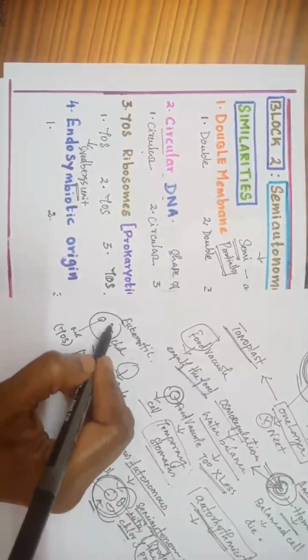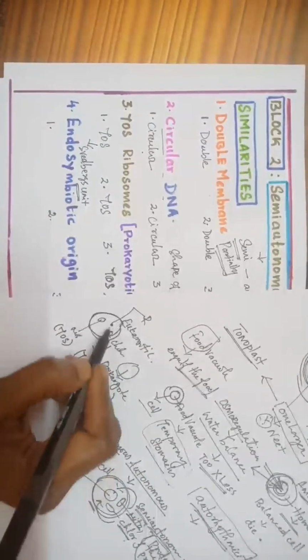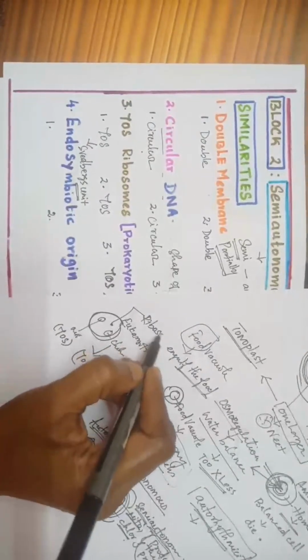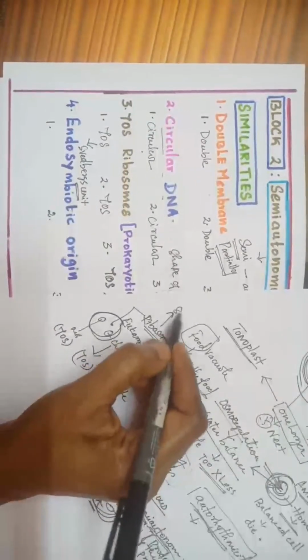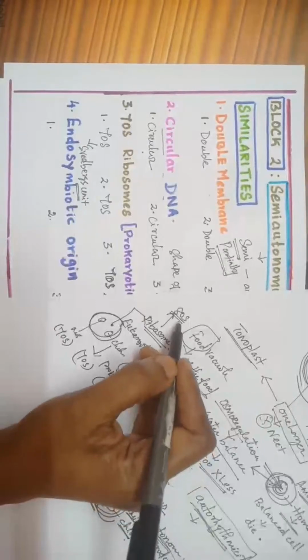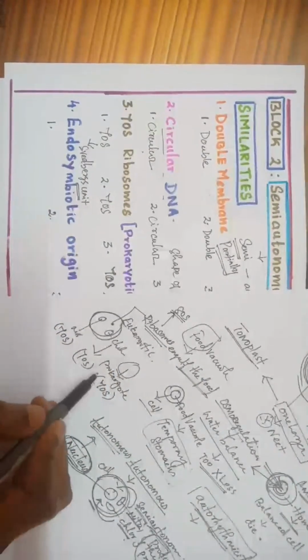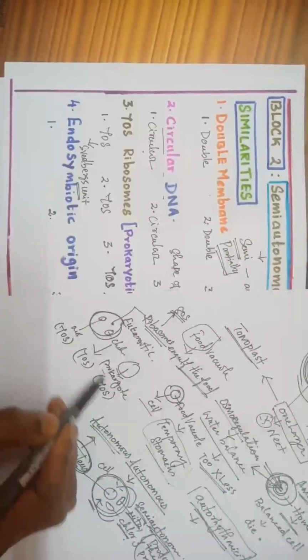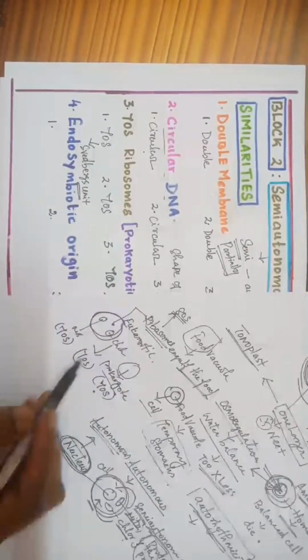But what about the cytoplasmic ribosome of a eukaryotic cell? That is an 80S type of ribosome. This is a very important NEET trap question; I'll explain later. Now, the prokaryotic cell has 70S, and mitochondria and chloroplast inside a eukaryotic cell also have 70S.